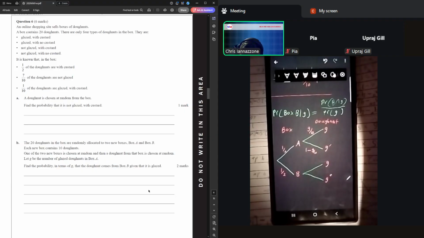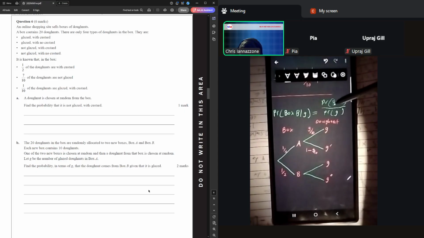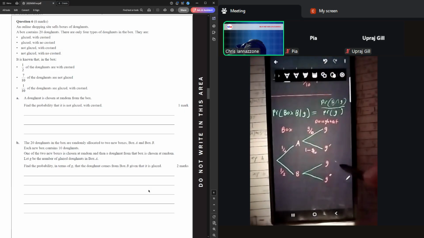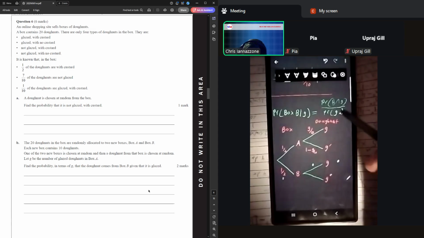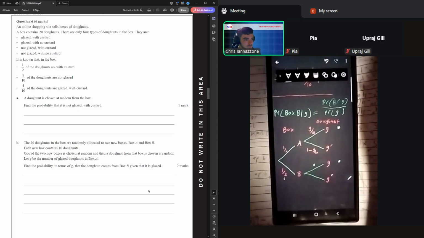So we need both of these things: the probability of any donut being glazed and the probability of box B intersected glazed. So basically we need to get this, which means we need this multiplied by this. And then for the probability of glazed, there are a couple of ways you could do that. You could find this, which we do know already, and then just add it up with this thing, because you got glazed here, you got glazed here, you just add them up.